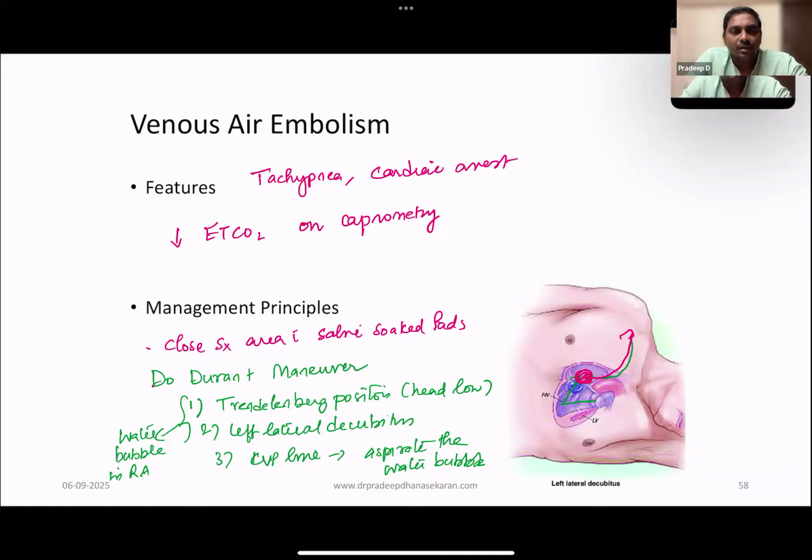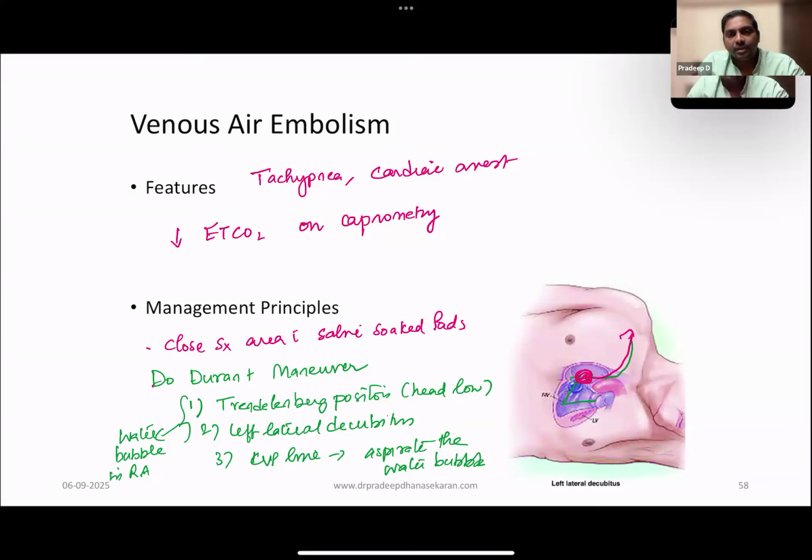Remember this. So management: you close the surgical area, cover with saline soaked pads, then you do the Durant maneuver. What is Durant maneuver? You put the patient in Trendelenburg position, that is head low, and left lateral decubitus. So what will happen?